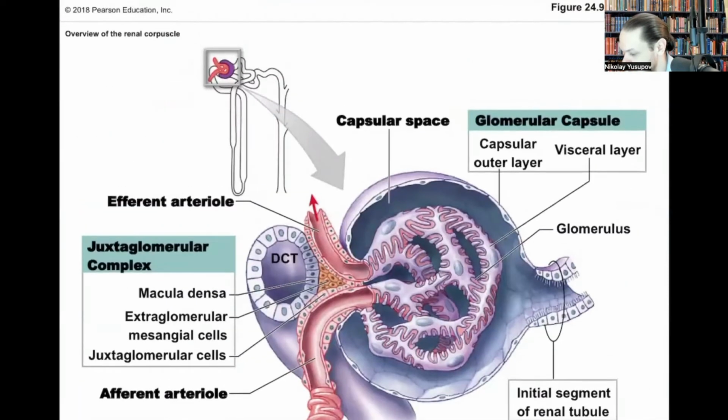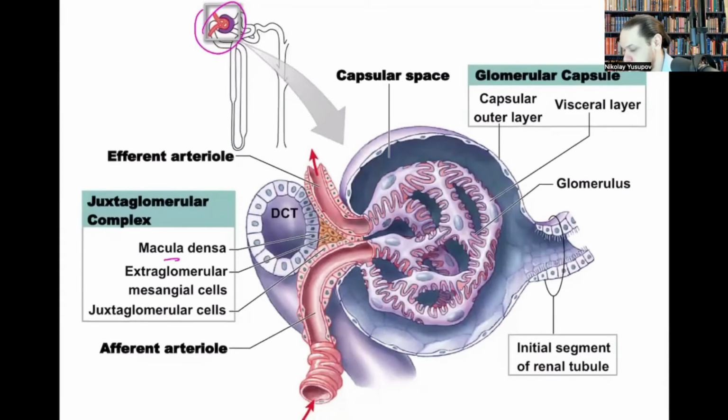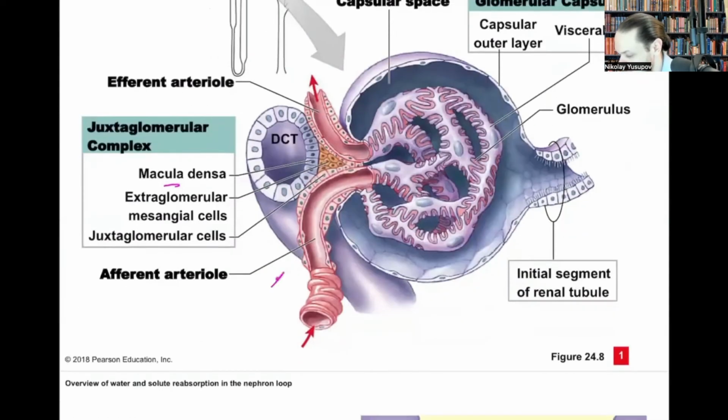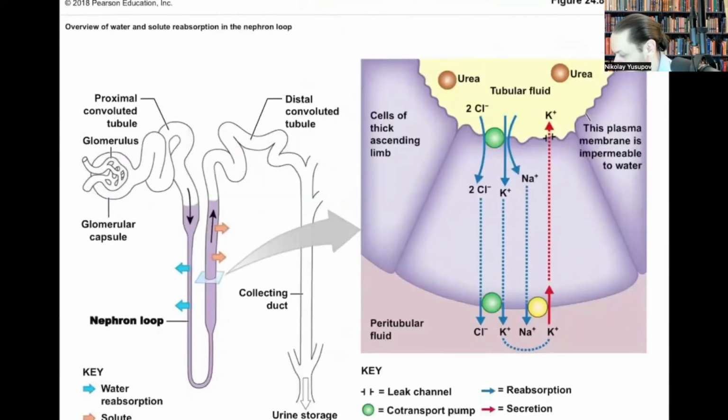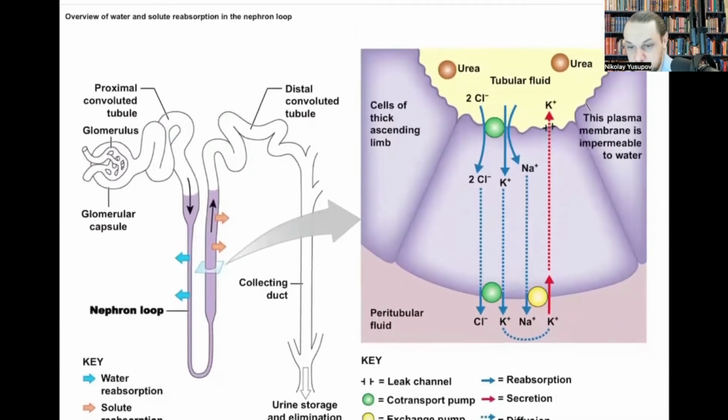So here we see where the location of it is. We see the cells, and we see the macula densa. They don't really point out the Pulkison cells here, but they're there. And this is where this is occurring. Afferent arteriole, efferent arteriole. Exchange of your anions. I think we went through all the receptors, all the channels.